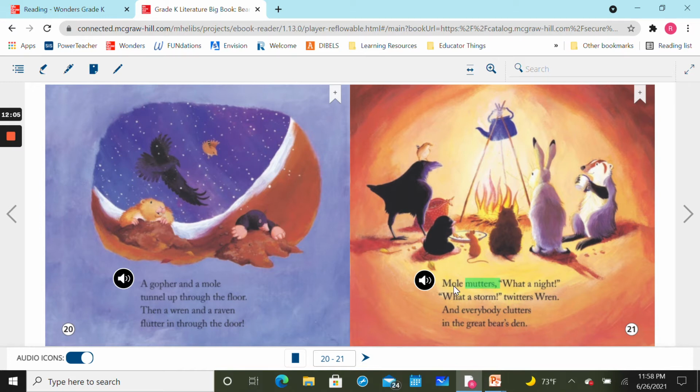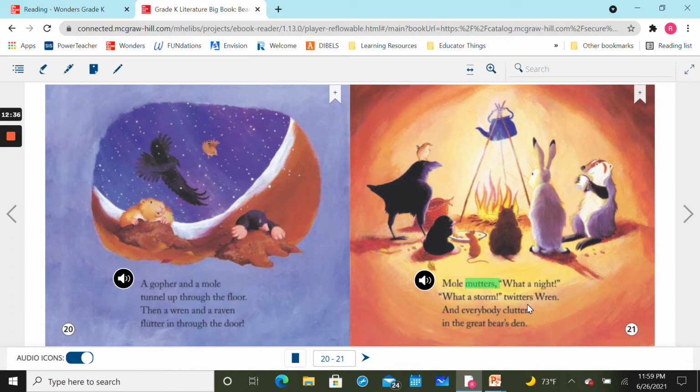So it says, mole mutters, "What a night!" If I look at the words that come right after the word mutters, I can see that there's a symbol here that is called a quotation mark. And quotation marks tell us that someone is saying something. And right before we see these quotation marks, we see the word mutters.